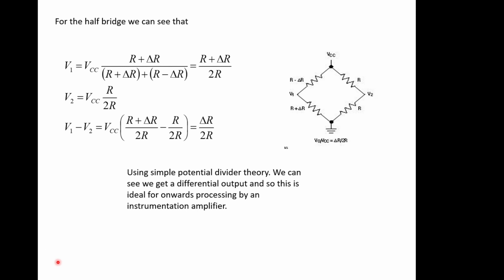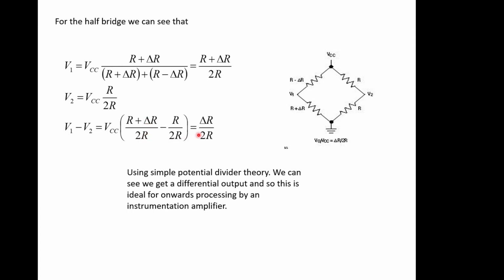So for a half bridge arrangement, you can do a very simple analysis showing what's going on. You just calculate the various voltages between V1 and V2, and then you want to calculate the difference between V1 and V2, and that boils down to these changes. So delta R will be the change in the resistance of the sensor when you apply, say, pressure to a load cell.